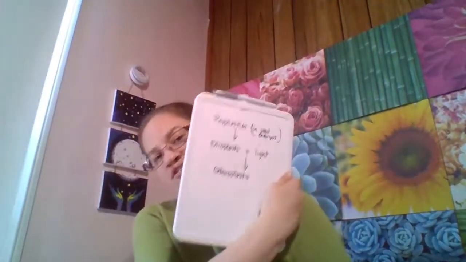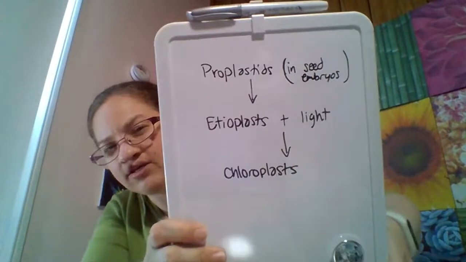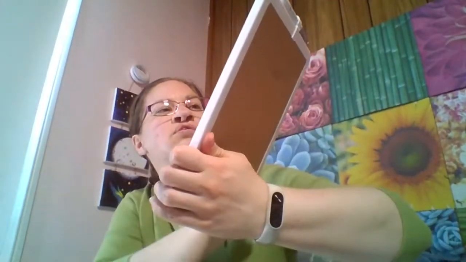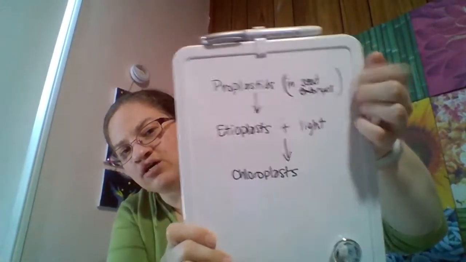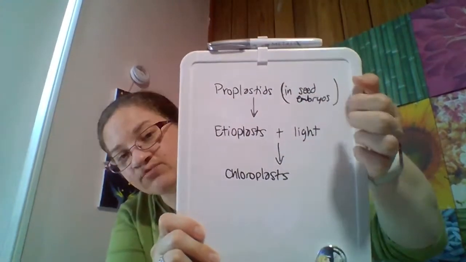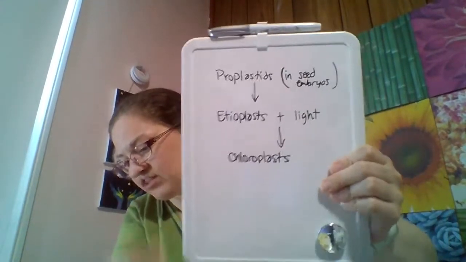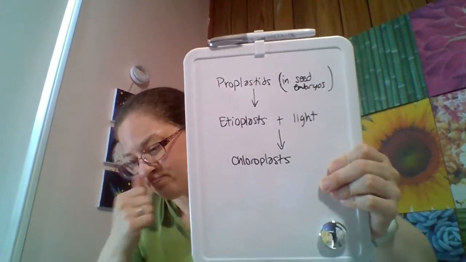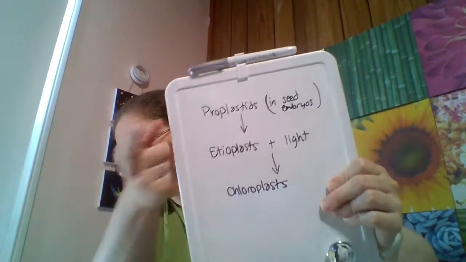So, semi-crystalline bodies found in plastids, arrested in development by the absence of light, and composed of tubular membranes. Yeah, exactly. Then we've got the proplastids, or like the seed embryos in this capacity. And then we've got the etioplasts, so the plastids containing prolamellar bodies.